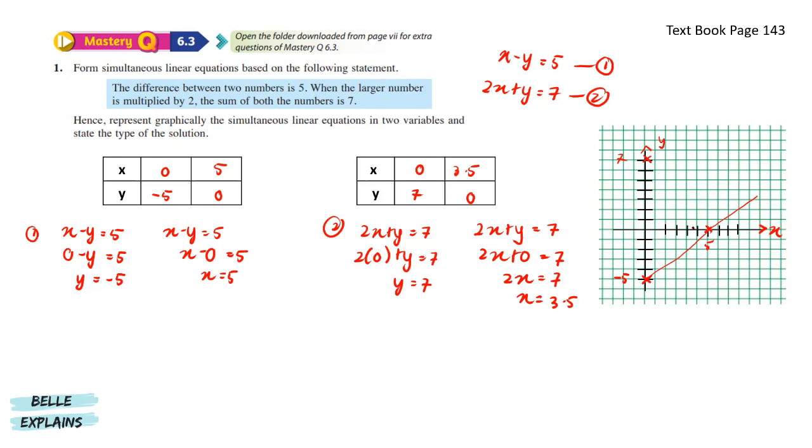And when y equals 0, x equals 3.5. Connect it with a line. So this is the graphical representation of the simultaneous equation. Next, for number 2, solve the following simultaneous linear equations. Follow my working, guys. I will not be explaining it since we have already used the similar method previously.